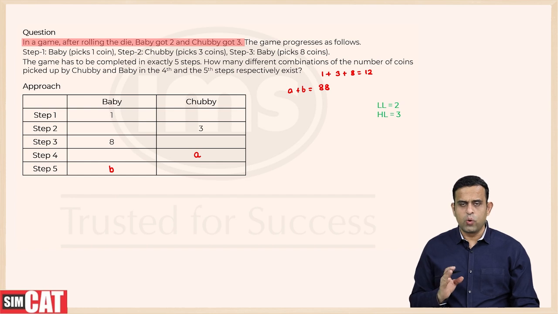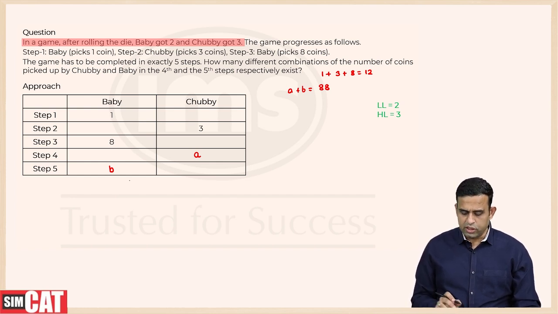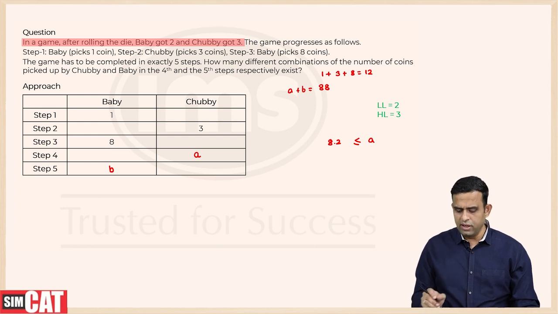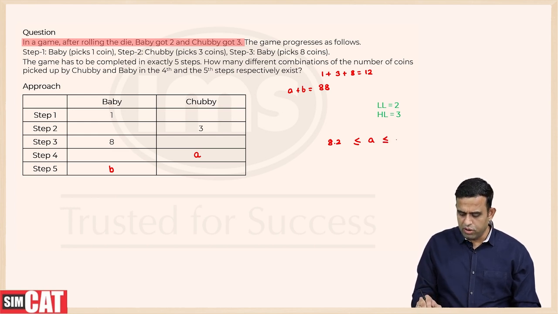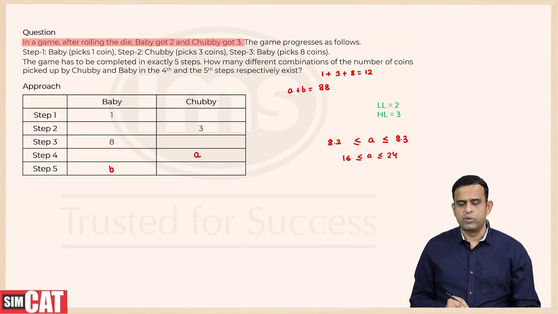Let's also figure out what is going to be the range of the values A and B. Now the value of A, one can say, should be between 8 into 2, that is the previous number of coins into the lower limit, and the highest number could be the previous number of coins into the higher limit, so 8 into 2 and 8 into 3. So the value of A could be between 16 and 24.